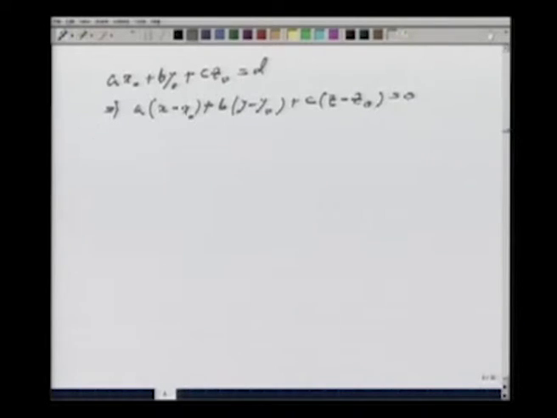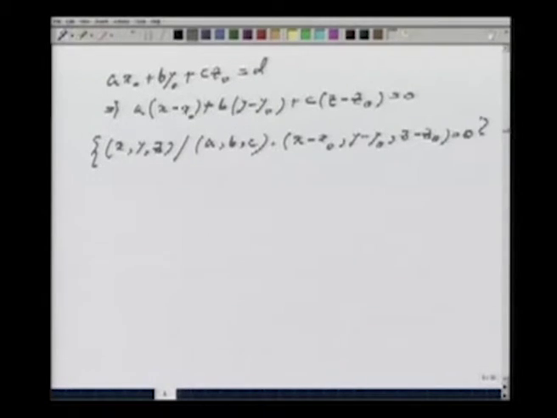So then I can write this as the collection of all points x, y, z such that the dot product of the vectors A, B, C dot x minus x naught, y minus y naught, z minus z naught is equal to 0.